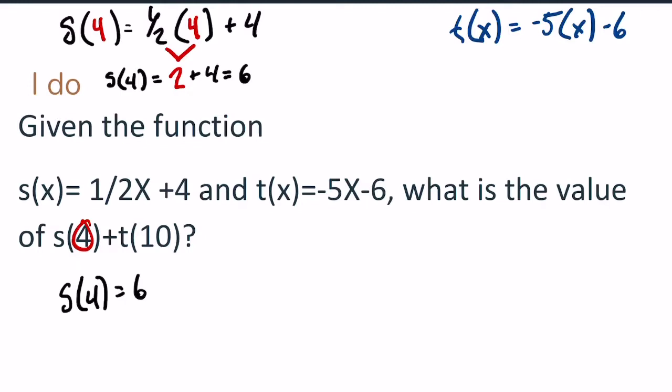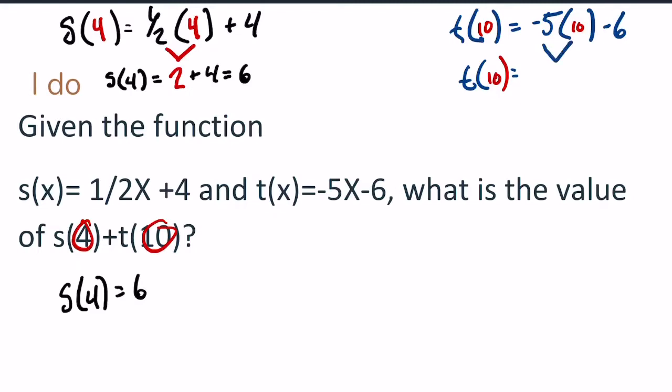Let's work on this function right over here. I'm going to erase those little x's, and I'm going to put the input of 10 in there. 10 right here, 10 right here. Going to bring this down. T of 10 equals this right here.